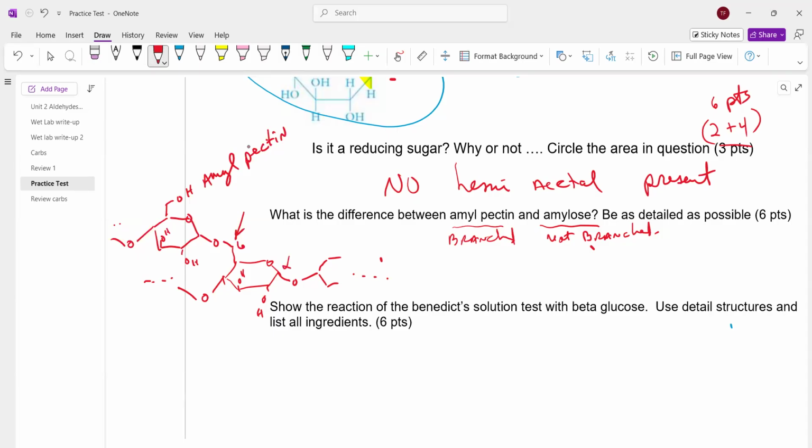So this here is an alpha 1,4 linkage. This is an alpha 1,4 linkage. This is an alpha 1,4 linkage. And this is not. And this here is an alpha 1,6 linkage.